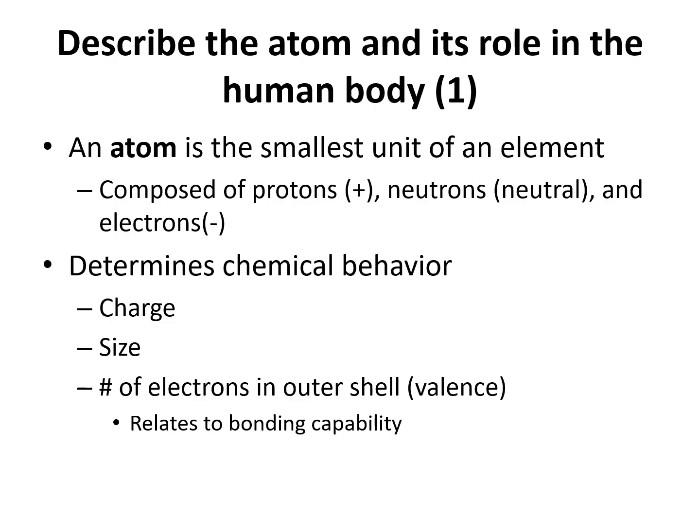The size, as I said, is going to be determined by how many protons and neutrons an atom has. And then most importantly, in terms of interaction between atoms, the number of electrons in the outer shell, also known as the valence electrons, are going to determine how an atom bonds to another atom.